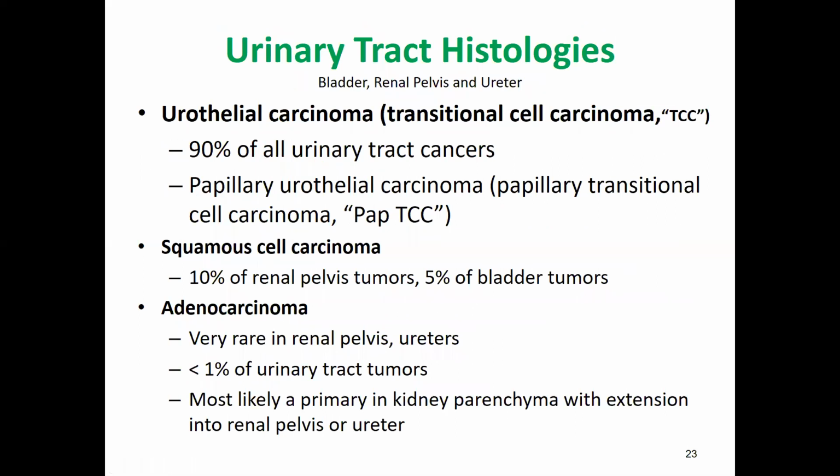Let's review the typical histologies found in the bladder, renal pelvis, ureter, and urethra. The most common type found will be the urothelial, also known as transitional cell carcinoma, since these sites are lined by urothelium. In the past, the term more often used was transitional cell carcinoma, or TCC.